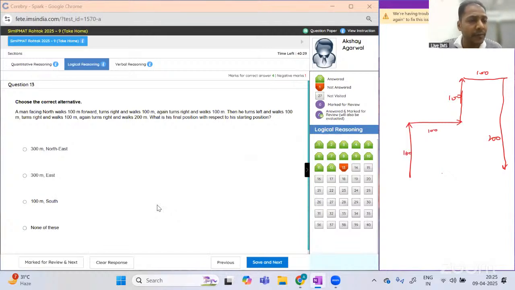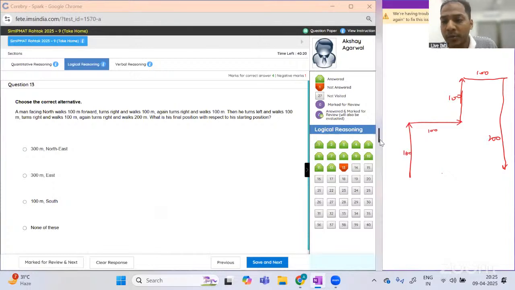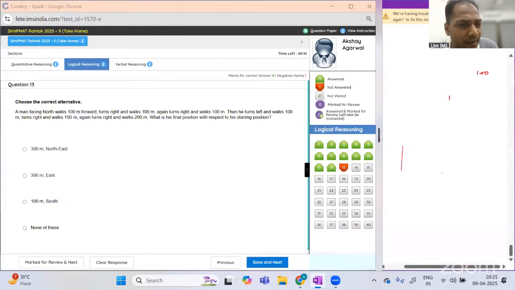What is the final position with respect to 200 towards the east? 100. Man facing north walks 100 meters forward. Turns right. Walks 100 meters. Oh, again turns right. I'm sorry, I missed the... Okay, need to speed up. Come on, rough work. Every distance is 100, 100 only. So 100, then 100, then 100. Two rights. Then turns left. So basically again 100.